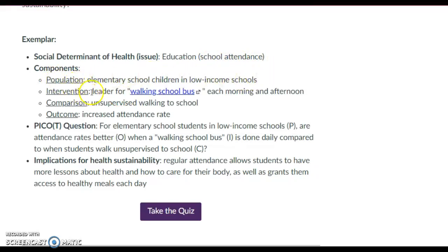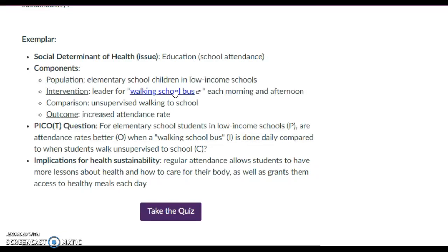The intervention could be a leader for a walking school bus. And if you're not familiar with what that is, I put a link here, but it's pretty much where a designated adult will go through the neighborhood, starting at one in the neighborhood, and walk through towards the school each morning so that kids have a group to walk with.